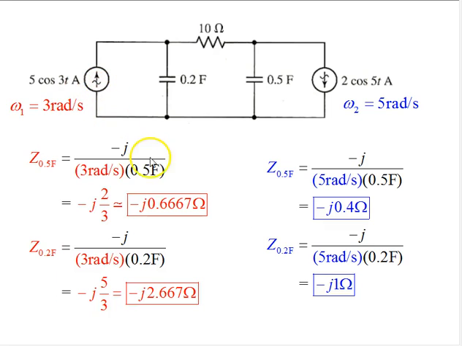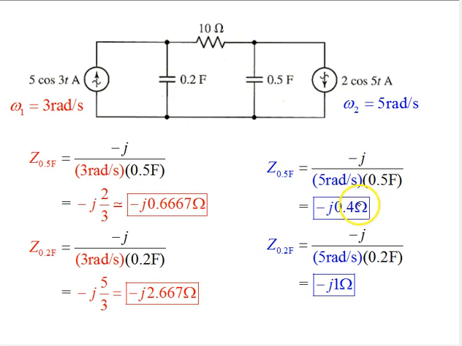Again, at 3 radians per second, the impedance of our 0.5 farad capacitor is negative j over omega C, or negative j 2/3, which is approximately, we can put that to 4 significant digits. Whereas at 5 radians per second, we're using negative j divided by 5 times the 0.5 farads, and we get negative j 0.4.